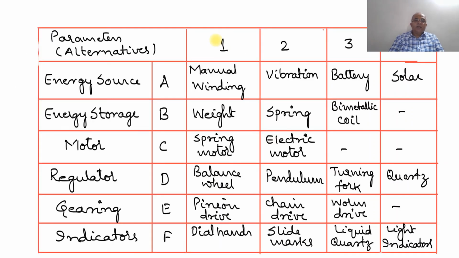So here, these are the parameters or the alternatives. So we have energy source, energy source B, motor, regulator, gearing, and indicators. These are the possible alternatives we have: A, B, C, D, E, F. Then energy source, we have manual winding, energy storage, weight, motor, it is a spring motor, regulator, which is the balance of wheels, gearing, pinion drive, indicators, dial hands.